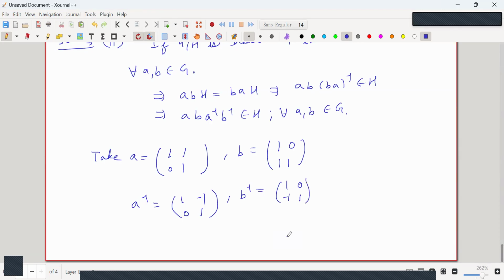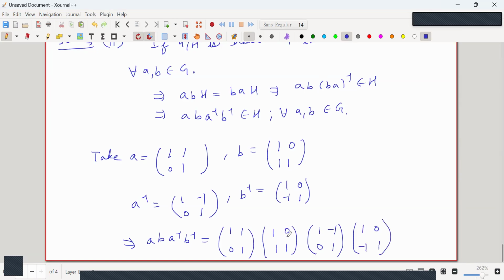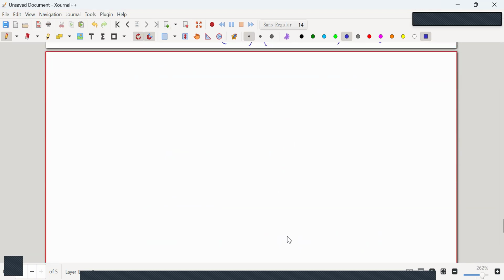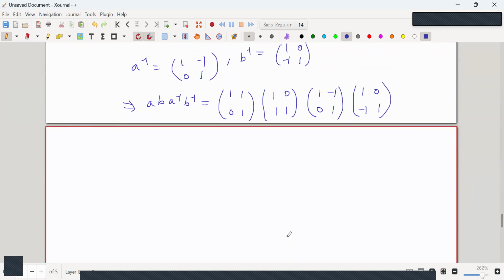So what will be A, B, A inverse and B inverse? 1, 1, 0, 1 and 1, 0, 1, 1, then 1, minus 1, 0, 1 and 1, 0, minus 1, 1.